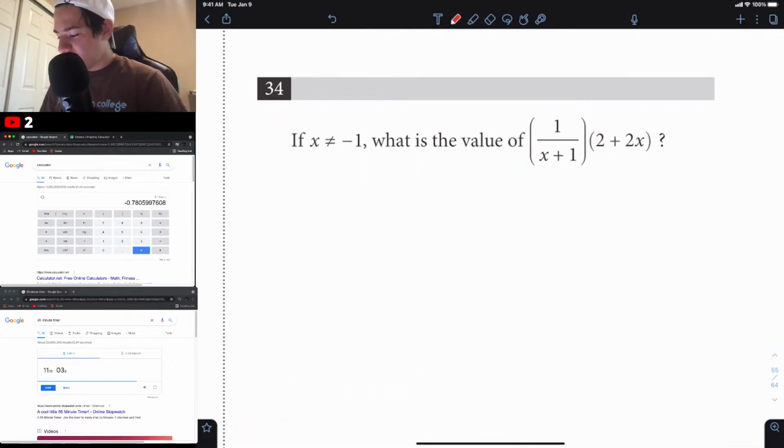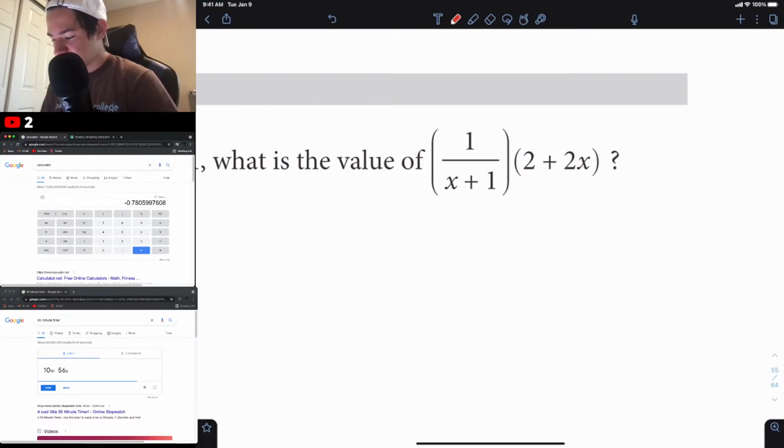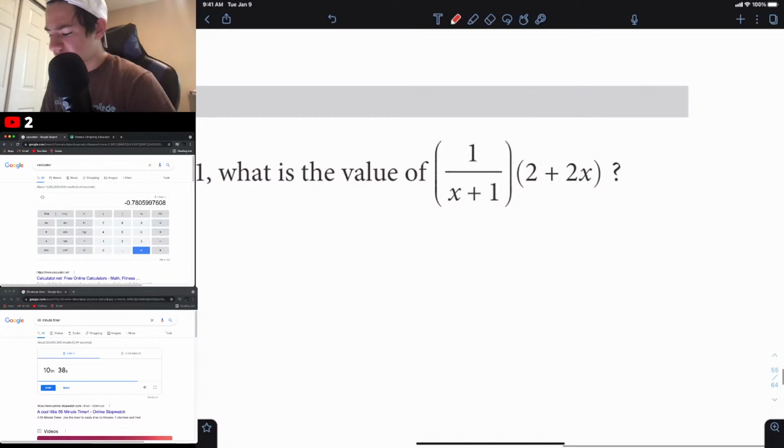What is the value of 1 over x plus 1? Okay. If x does not equal -1. So we get a third, right? 2 plus 2x, so 2 plus 6, 8. 8 over 3, okay. What if we do 4? Or no, 3. Two plus 6, no, yeah.